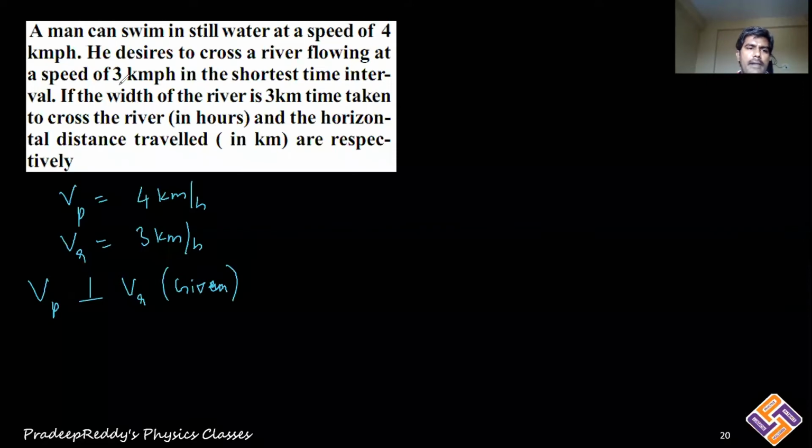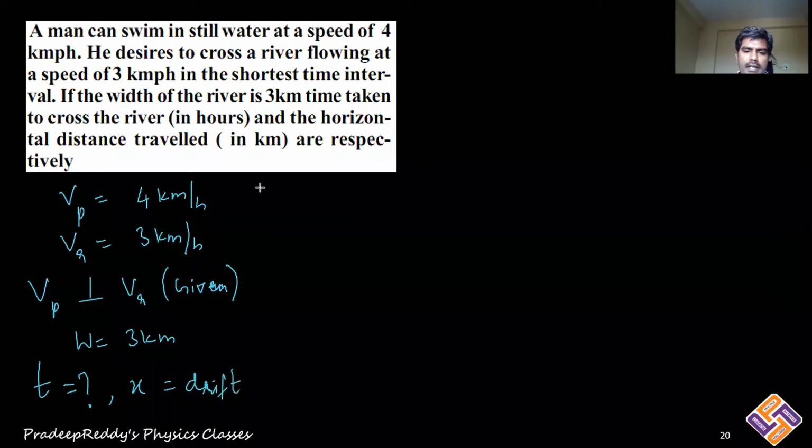Next, width of the river is 3 km. Time taken to cross the river and the horizontal distance traveled you are supposed to find out. Horizontal distance is nothing but drift. You are supposed to find out horizontal distance as well as drift.